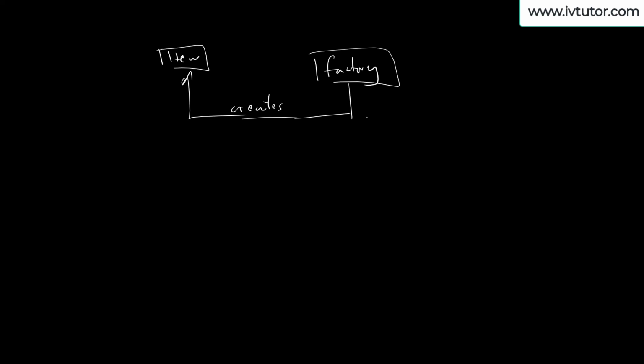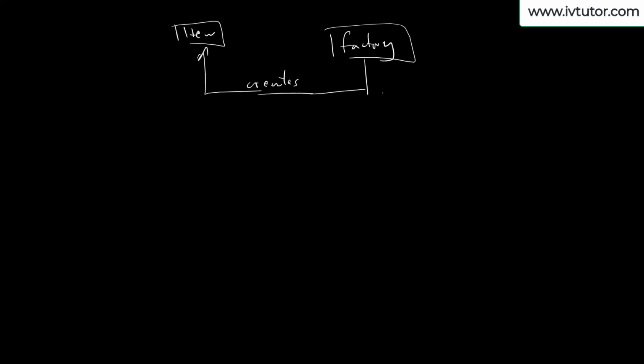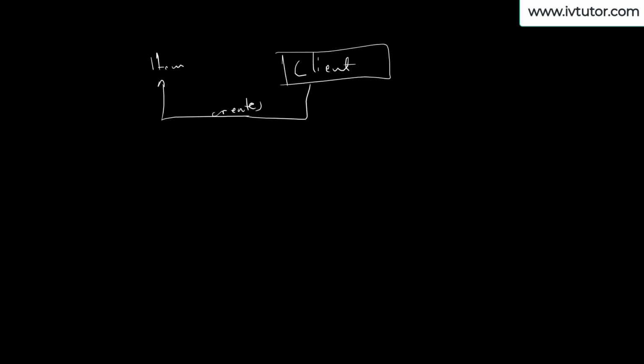Obviously right or obviously wrong. But either way, oh yeah, sorry, that's not your factory. This one is the client. So you've got item here, then you've got creates, and then you've got your client here. Right or wrong?